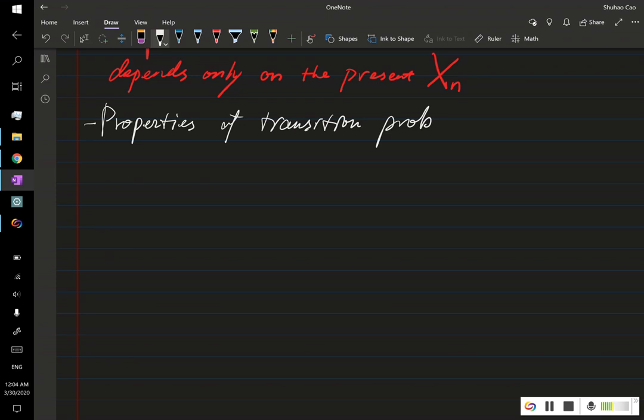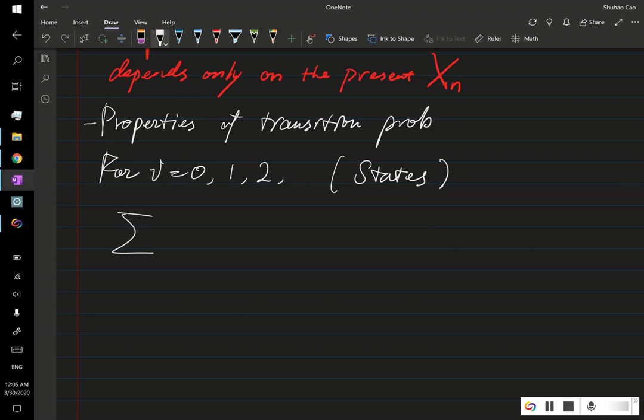So for any I equals 0, 1, 2, so these are states, the summation over all possible states that this state I can be transitioned to, let's assume we have countably many states, the probability from state I to state J must sum up to 1.